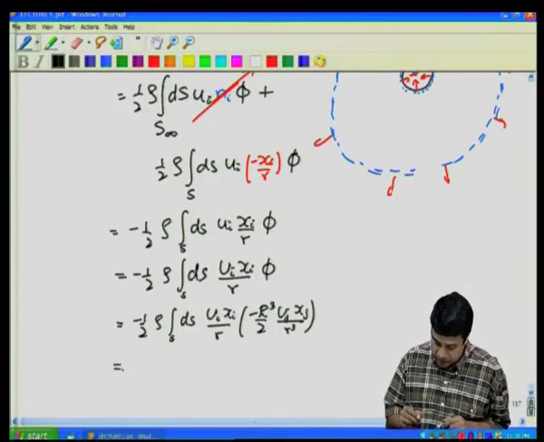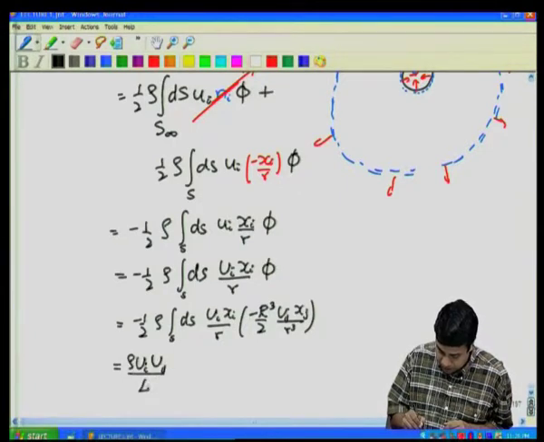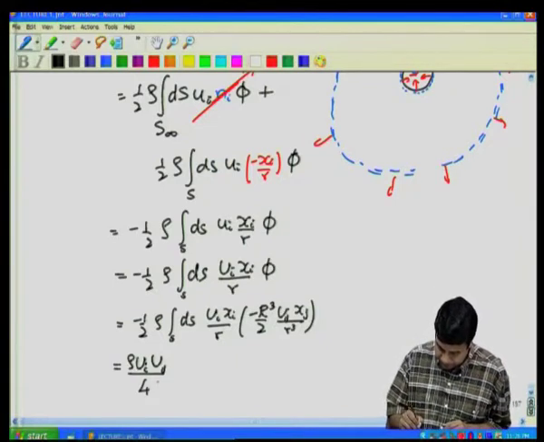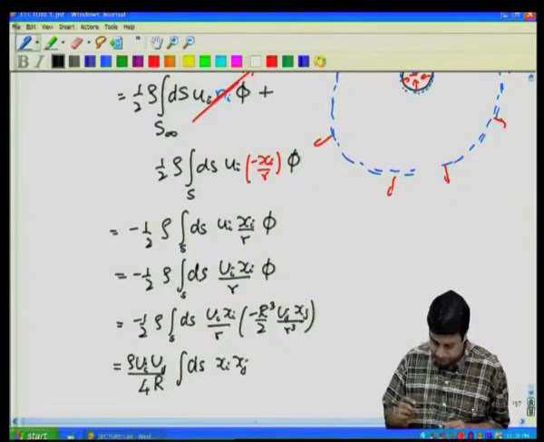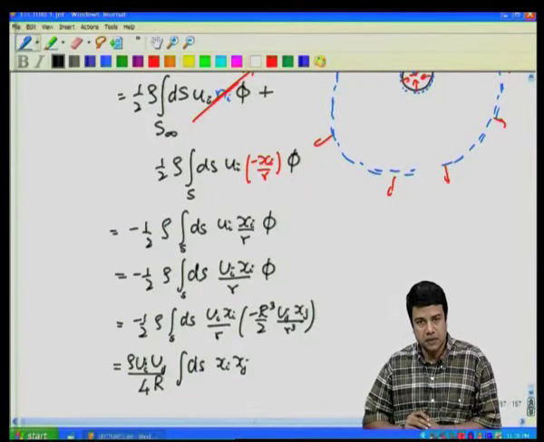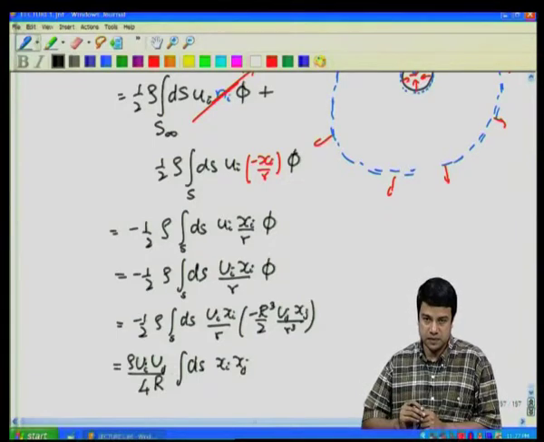So this just becomes equal to rho u_i u_j by 4 times r integral dS x_i x_j. The integral over the surface of x_i times x_j we know how to do: it is equal to a times delta_ij, and if you multiply both sides by delta_ij, finally you will find that a is equal to 4 pi by 3. So you get 4 pi by 3 r to the power 4 times delta_ij.